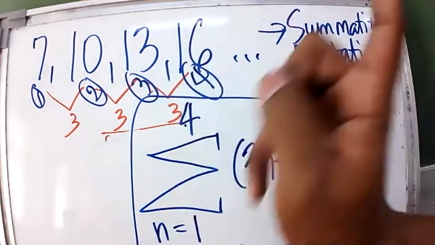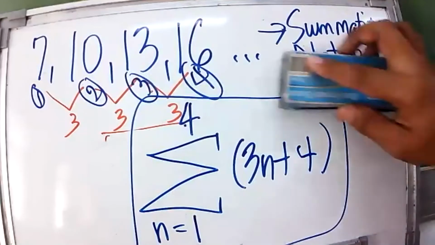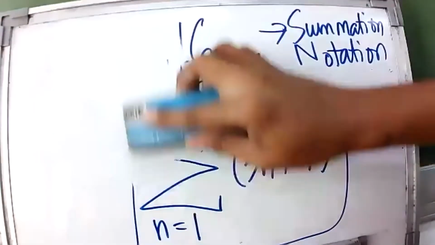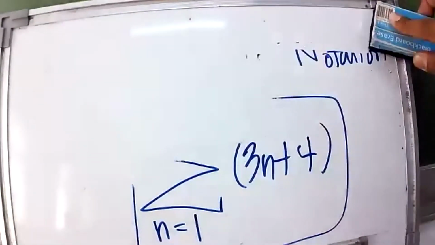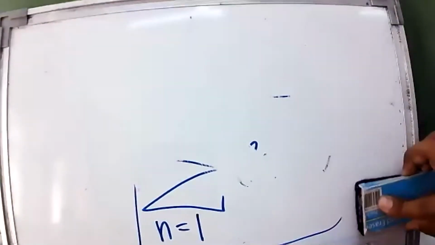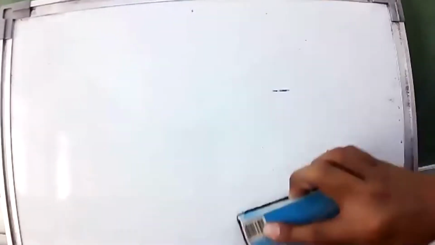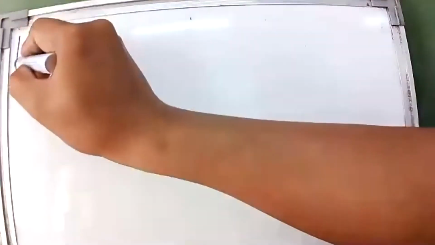One more example. This time, I'll just ask for the final answer after a minute. I'll just give you 1 minute of thinking and solving time to do the summation notation. Ready?